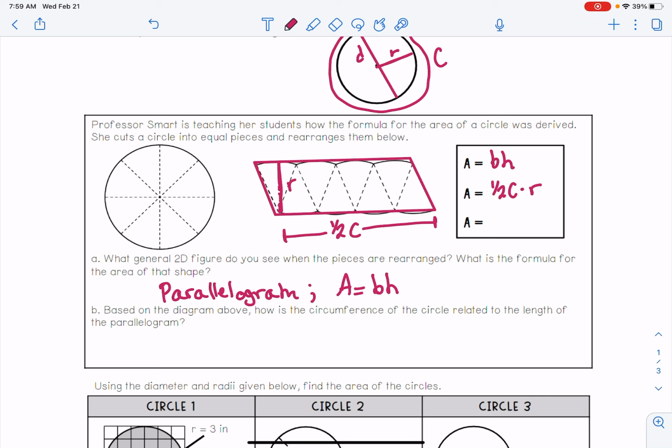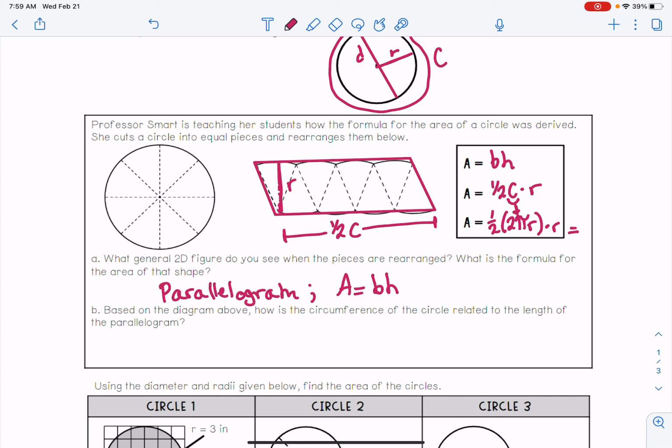Now I know that my formula for circumference is 2 times pi times R. So I'm just going to replace the C with my formula for circumference. And if you do 1/2 times 2, you just get 1. 2 divided by 2 is just 1.